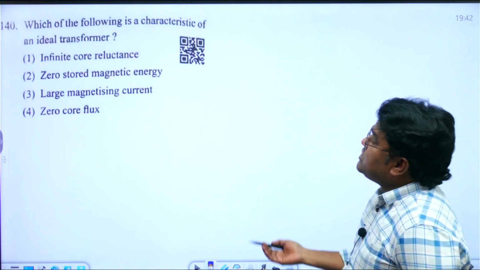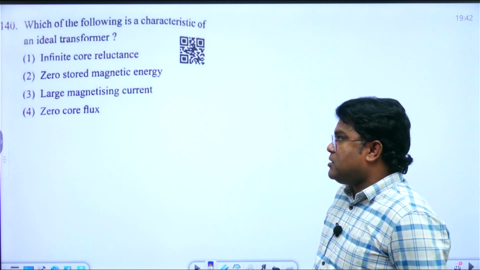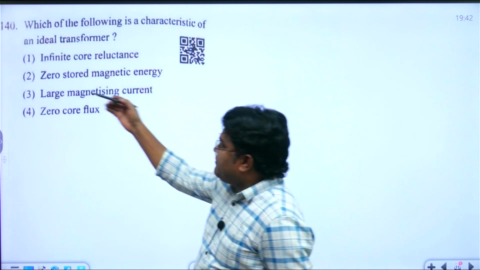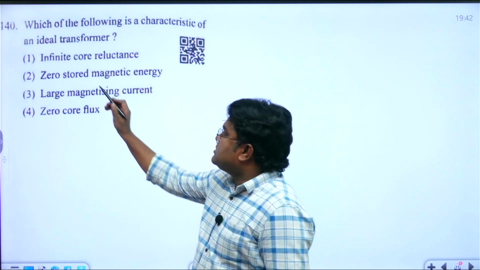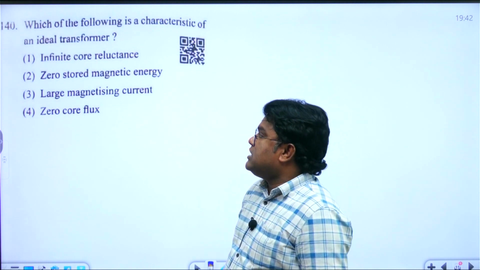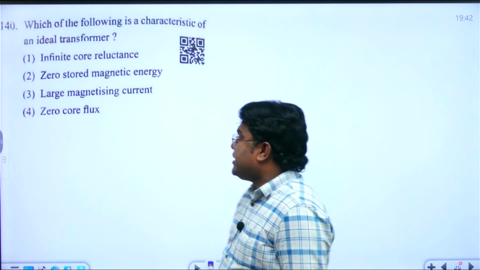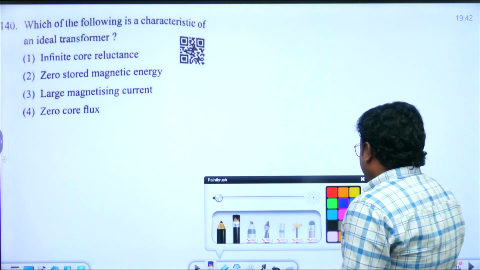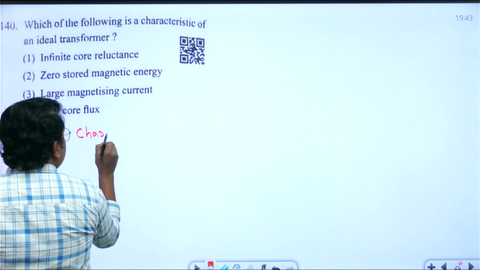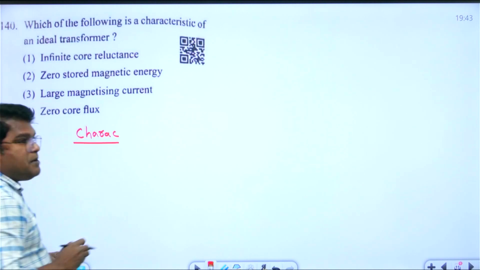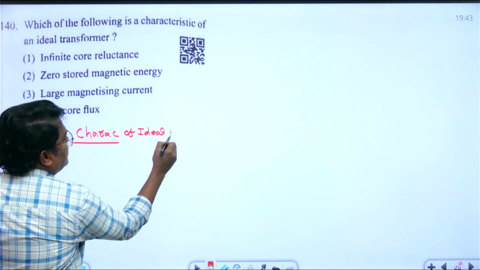Now another question: which of the following characteristics an ideal transformer has? Some characteristics are given: infinity core reluctance, zero stored magnetic energy, large magnetizing current, and zero core flux. Actually, what are the basic characteristics of an ideal transformer?